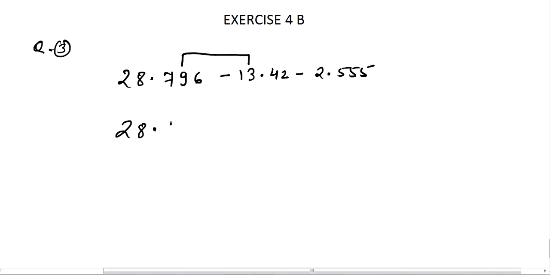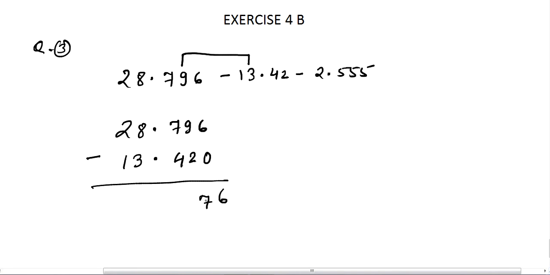So 28.796 minus 13.42. To make it equal, we have to write 0. Clear? Now 6 minus 0, 6. 9 minus 2, 7. 7 minus 4, 3. Decimal. 8 minus 3, 5. 2 minus 1, 1. So we got here 15.376. Now we can subtract this number further.